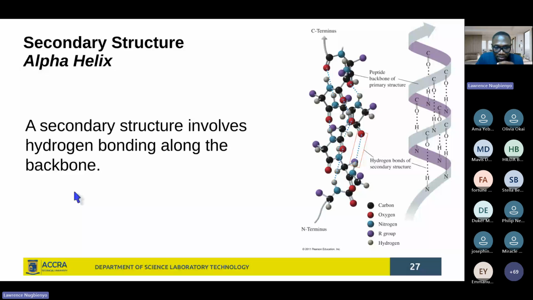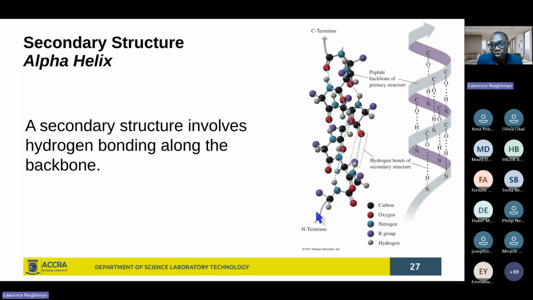The first one is what we refer to as alpha helix. And the alpha helix is depicted on the right-hand side of your screen, where you see a right-handed twining of the protein chain.